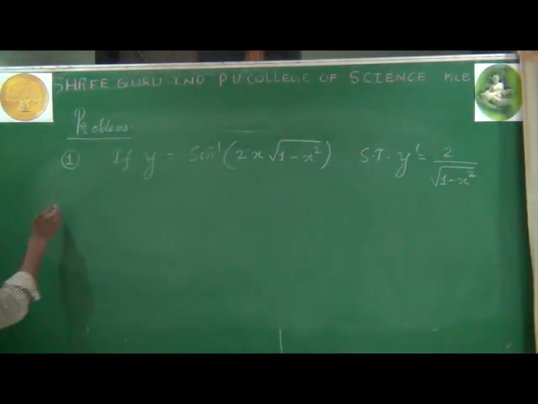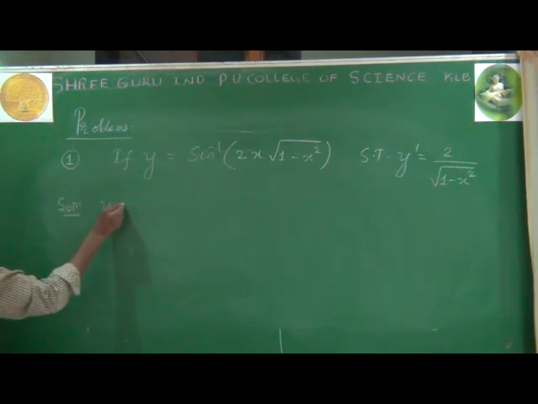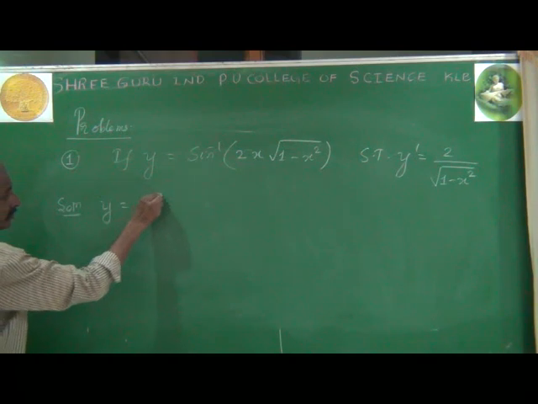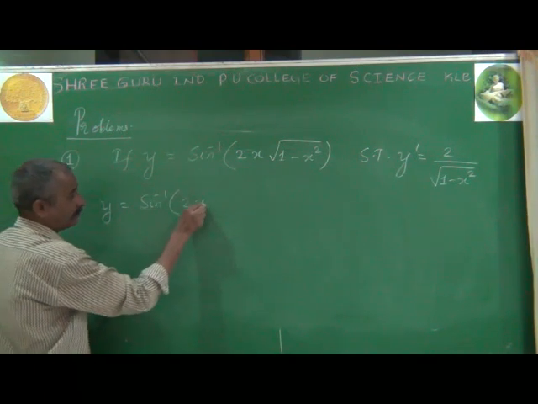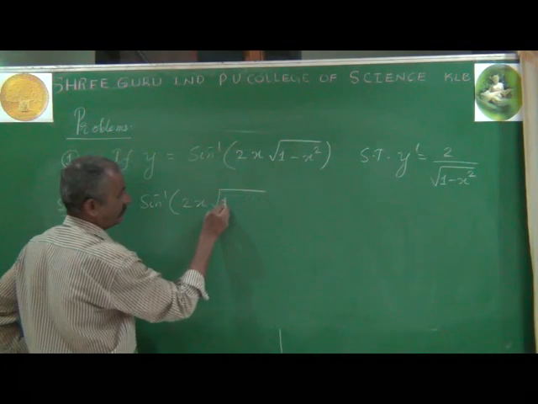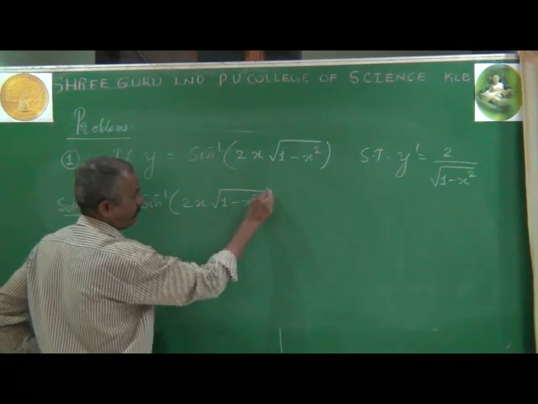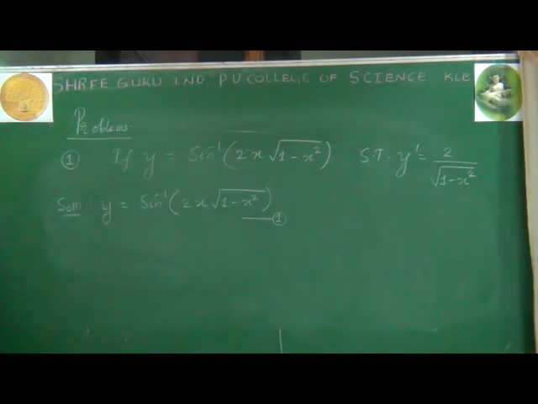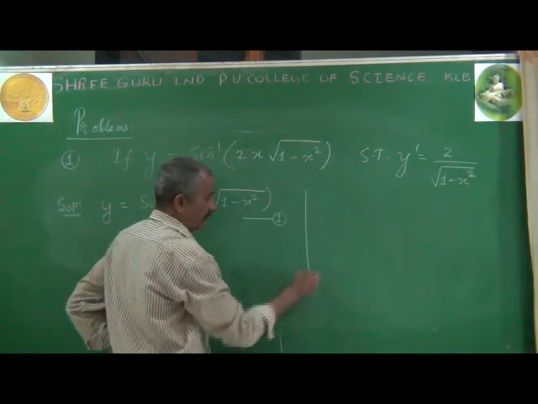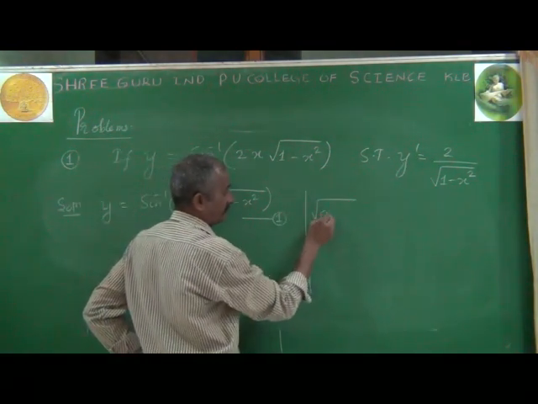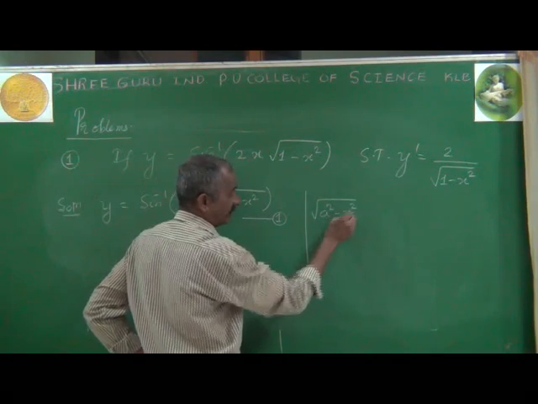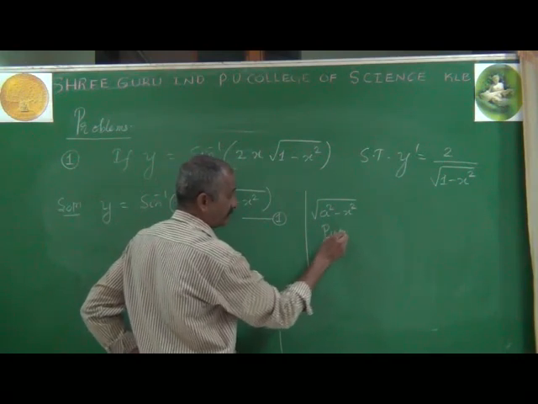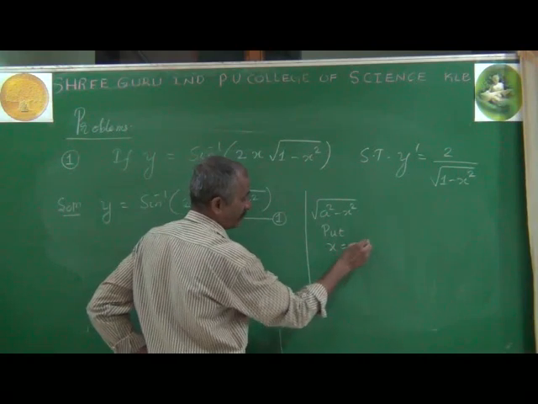Write the solution. First write the given problem. Given problem is y equals sine inverse of 2x into square root of 1 minus x square. Call it 1. Now recall that table. Whenever we have root a square minus x square, then the substitution is x equal to a sin theta.